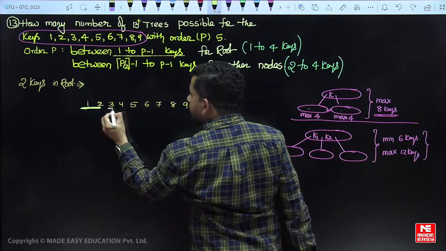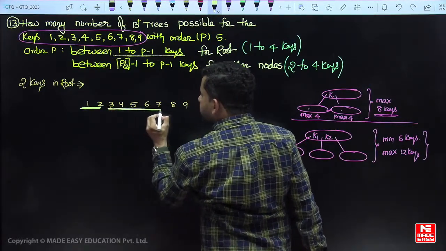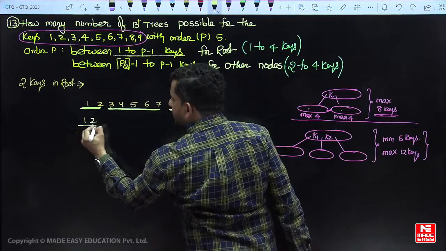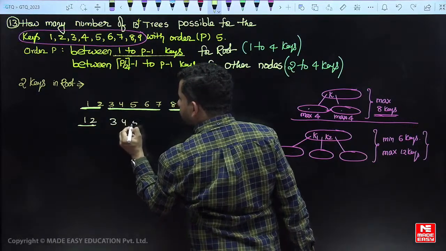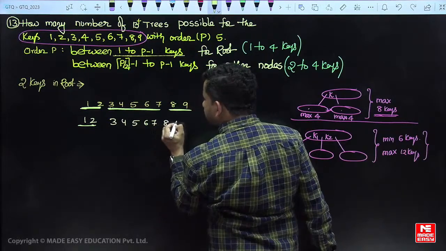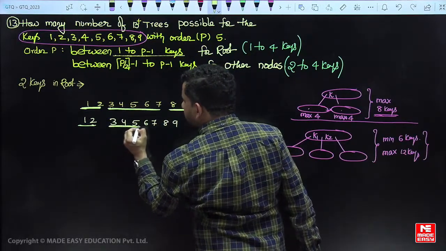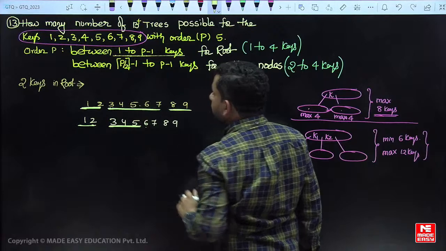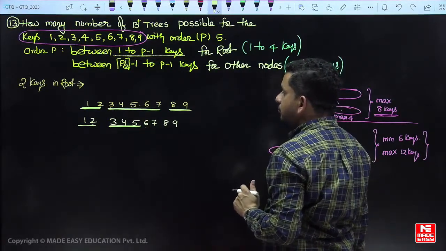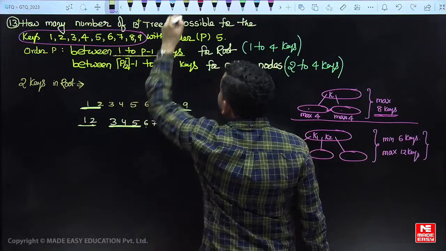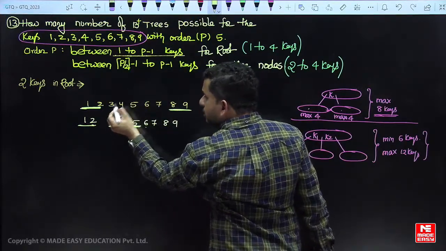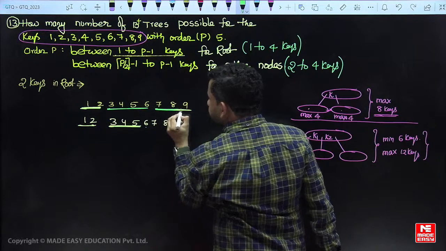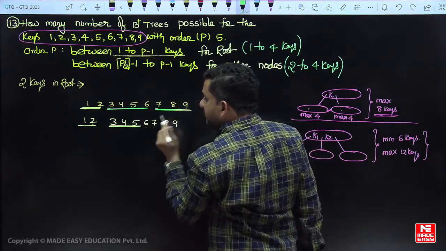So I can take 4 keys in one node and 3 keys in the other node. 3 4 5 6 7 8 9: 3 keys in one leaf node and 4 keys in the other. Only a maximum of 4 is allowed, so 4 keys in this leaf node and 3 keys here. So 4 3 we can consider, otherwise 3 4.